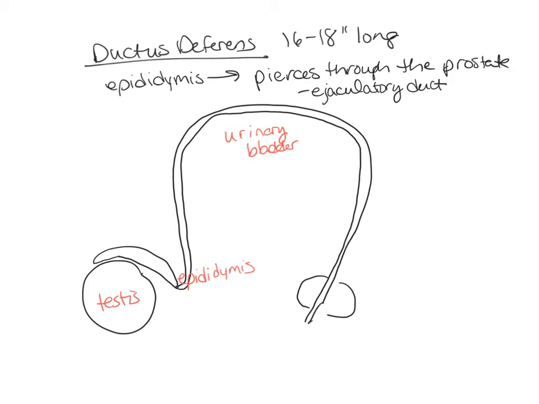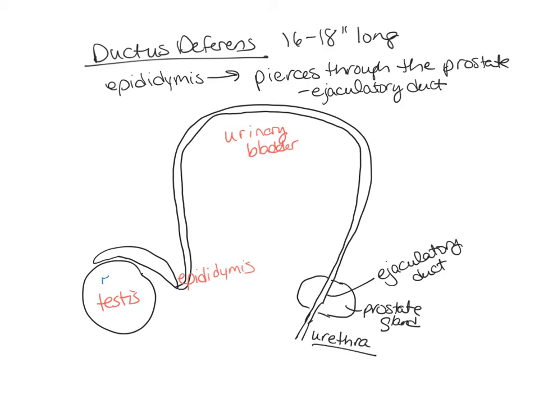And it goes through the prostate gland. That portion of the ductus deferens then is called the ejaculatory duct. And as the ejaculatory duct exits the prostate gland, which is right here, then it becomes known as the urethra.